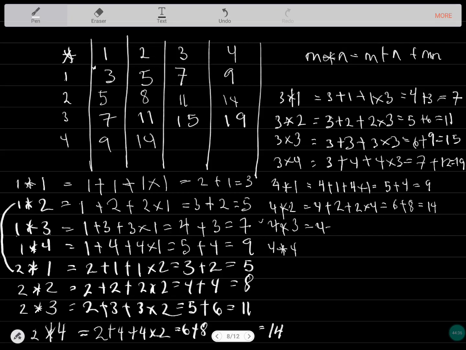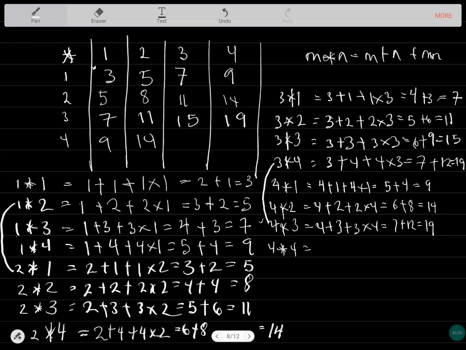Then we have 4 plus 3 plus 3 times 4. 4 plus 3 is 7. 3 times 4 is 12, and that would give us 19. So we can testify again that 4 star 3 is equal to 3 star 4.